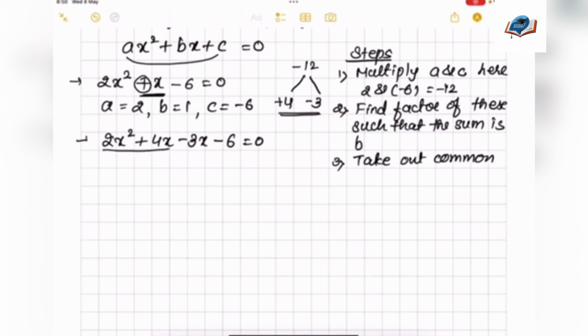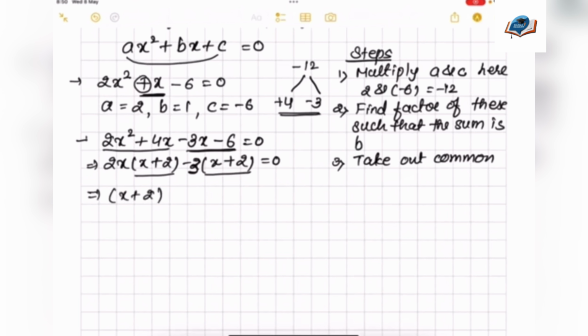Now from the second two terms I will take minus 3 common, so minus 3 into x plus 2, equal to 0. Now, if you see, x plus 2 and x plus 2 are the same in both. So I can say x plus 2 and 2x minus 3 equal to 0.